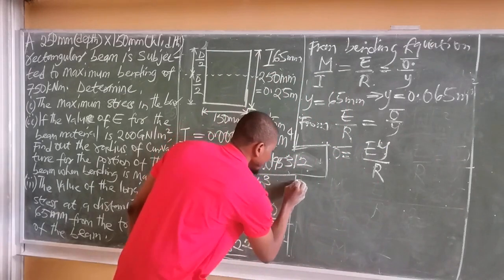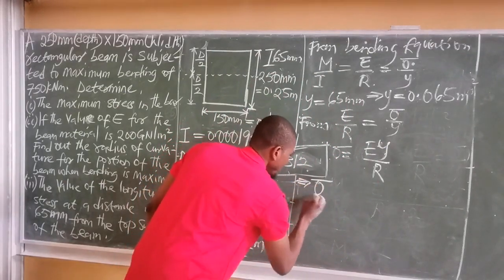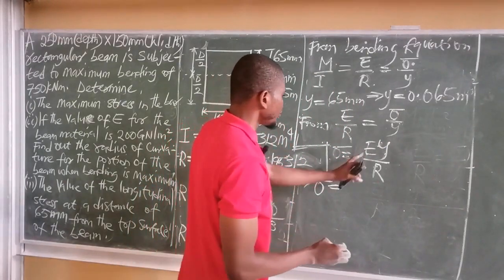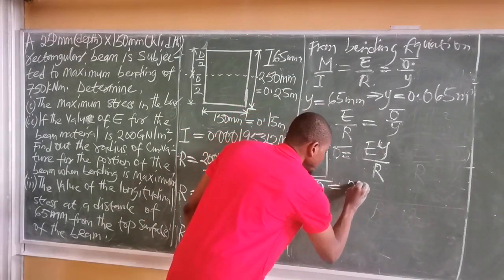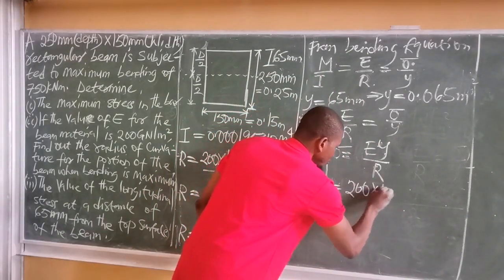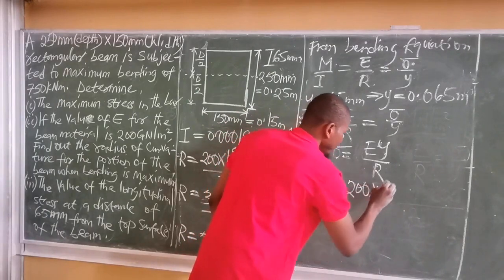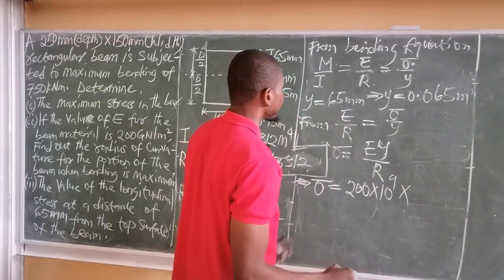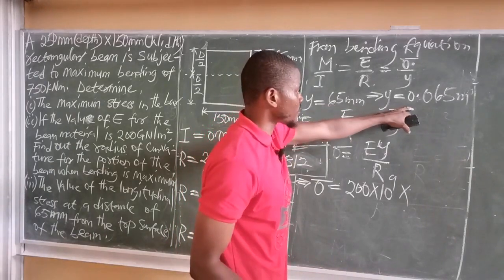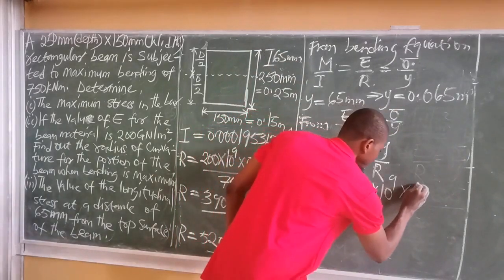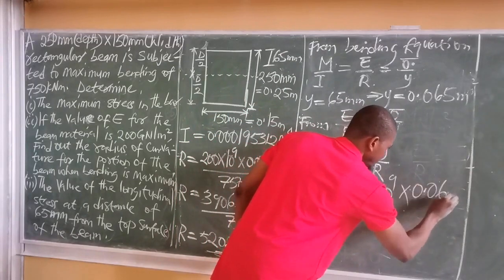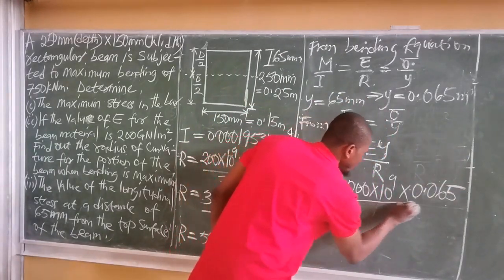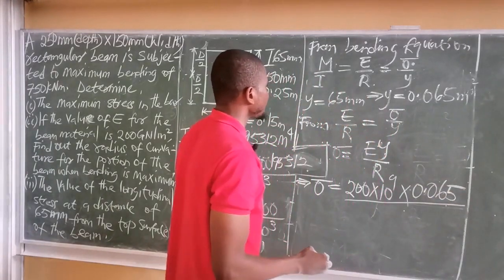So this simply means that the stress at that portion is equal to Young's modulus, which was given as 200 giganewtons. Once again, giga simply means 200 times 10 to the power of 9, multiplied by Y, the distance of 65 millimeters, which we obtained to be 0.065 in meters, all over the radius of curvature.